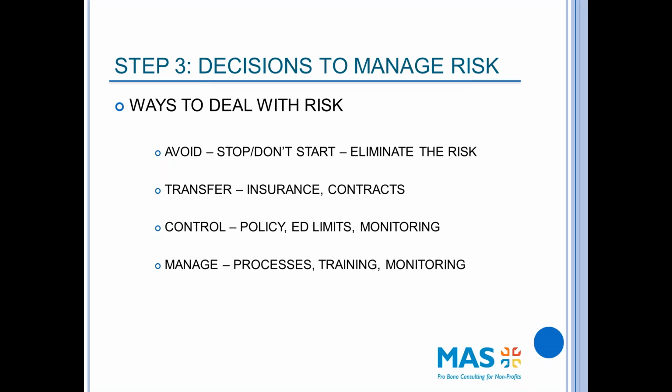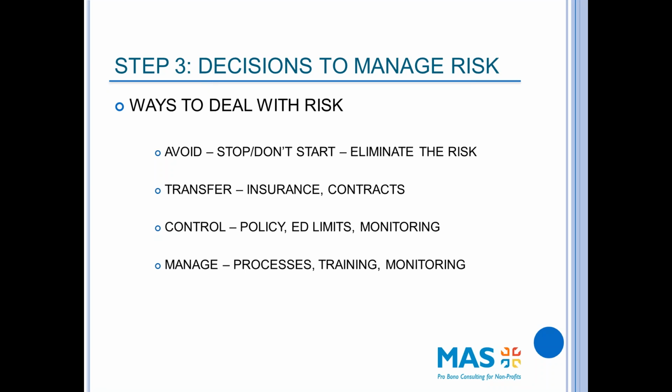You can transfer risk, at least in part. I transfer the risk of fire, the risk of theft through insurance. And some contracts will transfer risk to another party. So that's another way to deal with it. The third way to deal with it is to control that risk. And that's what board policy is all about.